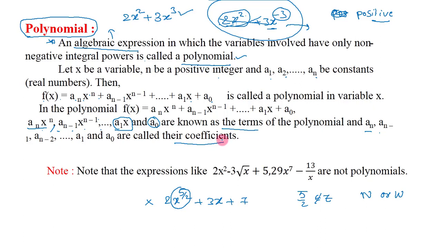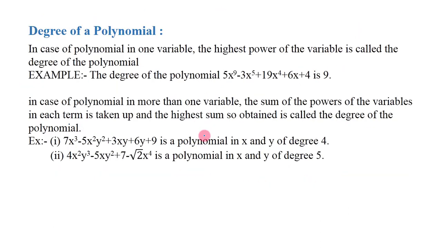So this is the standard form of the polynomial with degree n, that is an x to the power of n plus an minus 1 x to the power of n minus 1 plus so on, plus a1x plus a0. Let us see the next slide, that is degree of the polynomial.